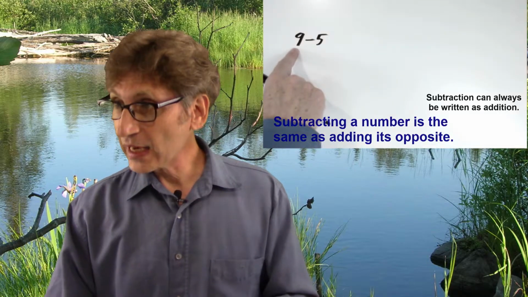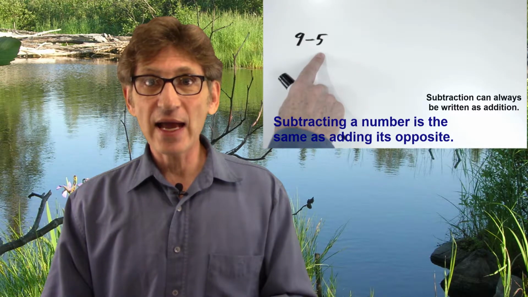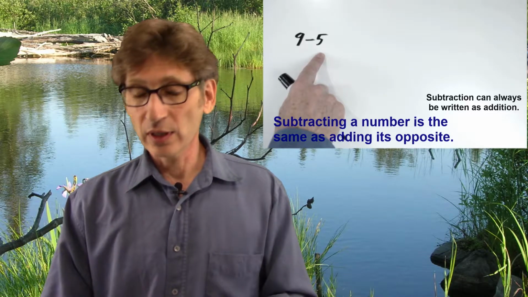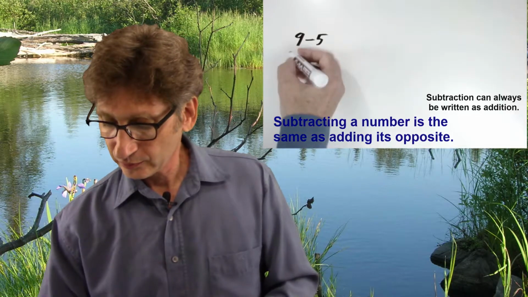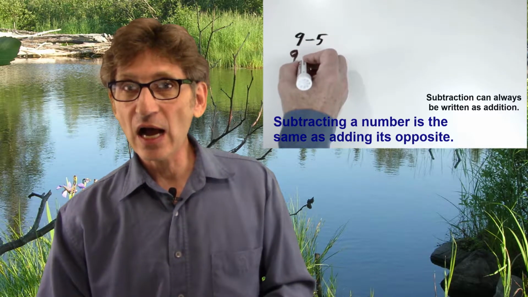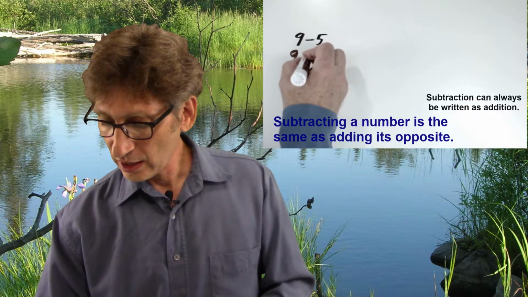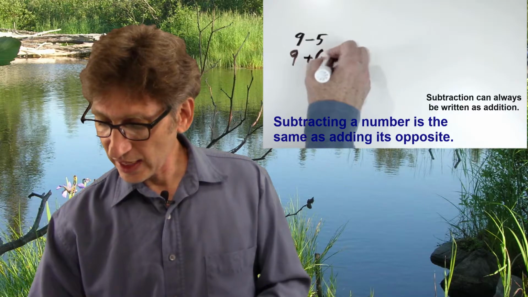So I have 9 minus 5. I just said subtraction is the same as adding the opposite of a number. So to subtract here, I say 9, I'm going to add the opposite of 5, which is negative 5. Oh, this is beautiful.